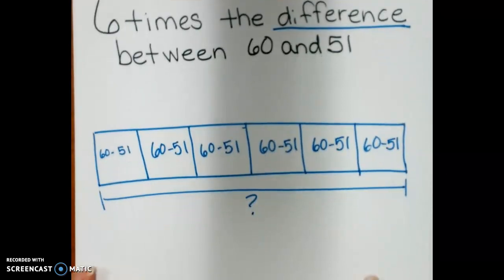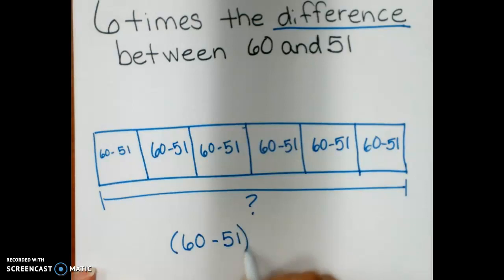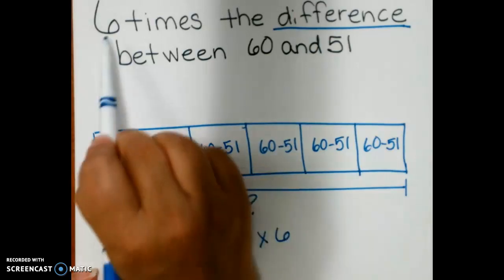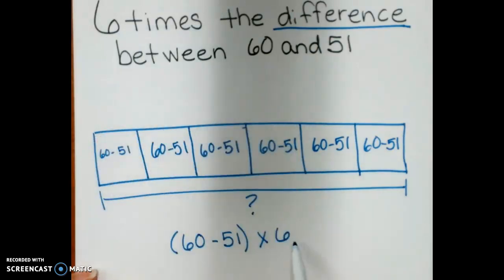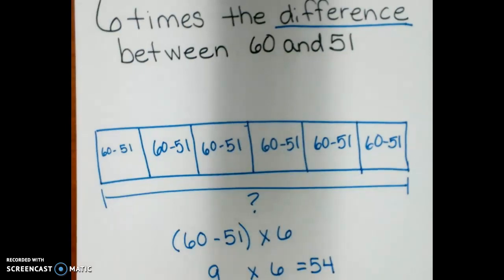So if I write it as an expression, I would have 60 minus 51, times 6. So I have 6 times, that's right here, the difference between 60 and 51. Now if we want to evaluate, we can subtract, which gives us 9 times 6 equals 54. So 6 times the difference between 60 and 51 is 54.